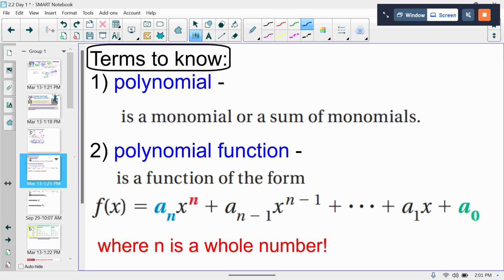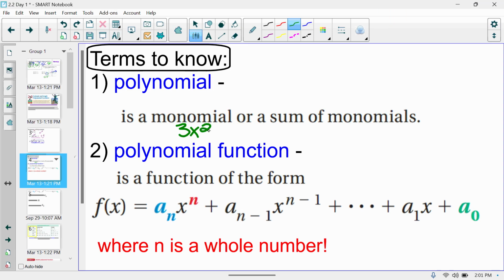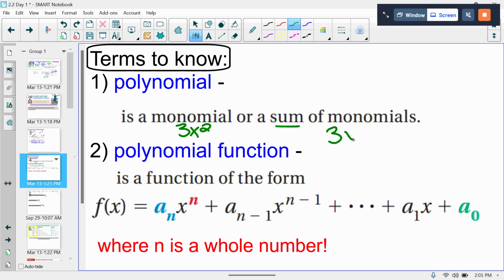So what you're going to want to write first is that a polynomial is either a monomial. Again, mono means it would only have one term. Here's an example of something that's a monomial, okay? As soon as it becomes a sum of monomials, so it has more than one term in it, that's called a binomial if it has 2 terms.